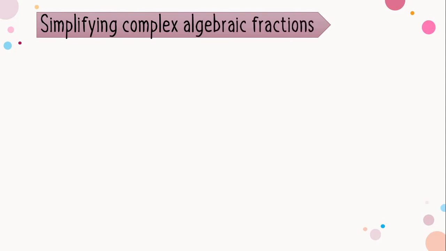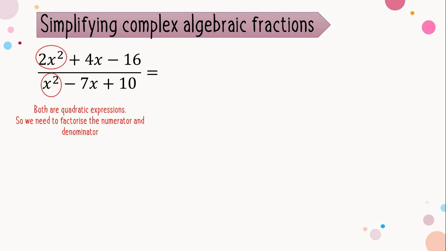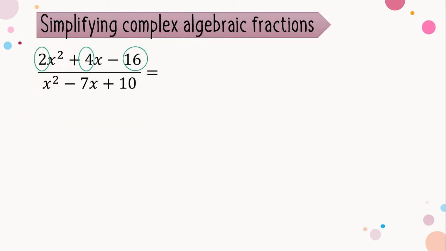Okay, next, the last one. 2x squared plus 4x minus 16 over x squared minus 7x plus 10. Okay, we can tell from this that both are quadratic expressions, so we need to factorize the numerator and the denominator. Okay, but before that, look at the numbers.